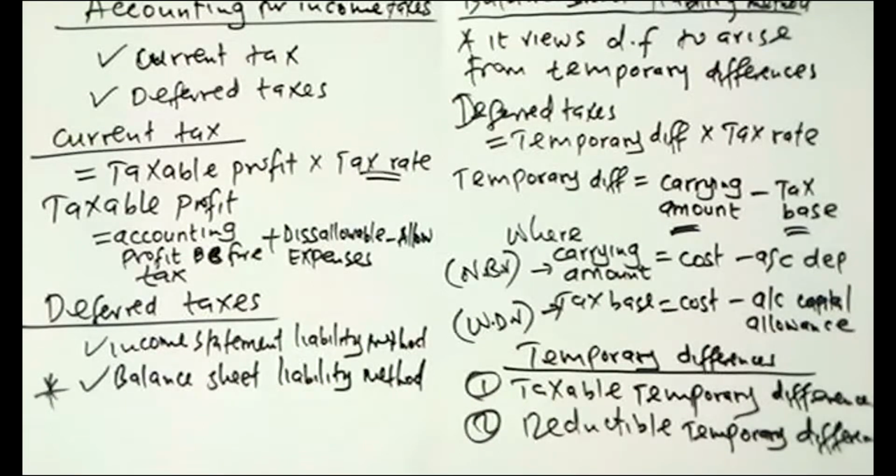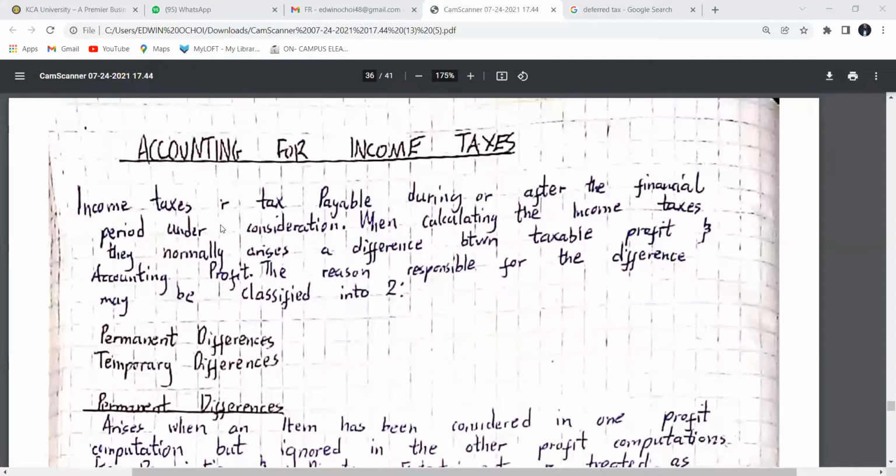Before I go to the questions, I can go through these notes a bit fast, because I've already simplified what you were supposed to know. Income taxes are taxes payable during or after the financial period under consideration.